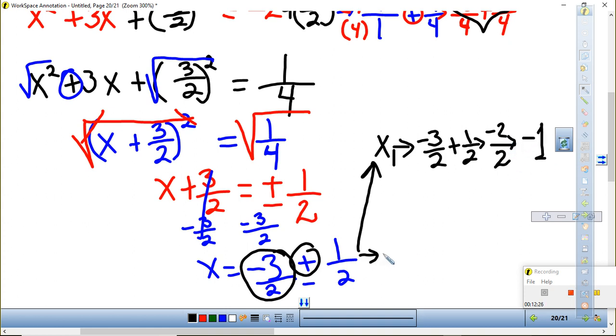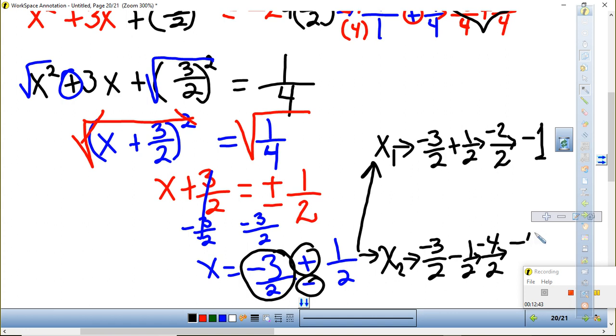Okay. X sub 2, I get, again, negative 3 over 2, but now it's minus 1/2. Common denominator is 2. What is negative 3 minus 1? Negative 4. What is negative 4 divided by 2? Negative 2. These are my solutions: x-intercepts, zeros, and roots.